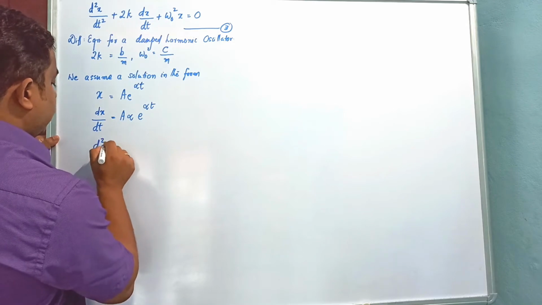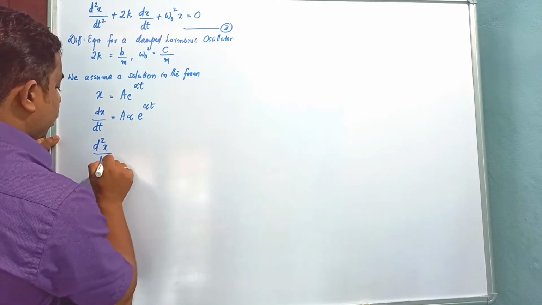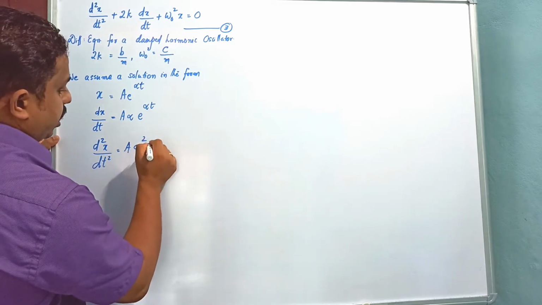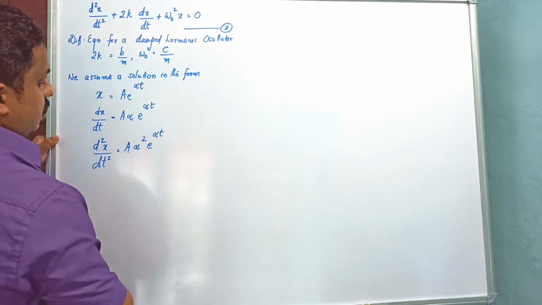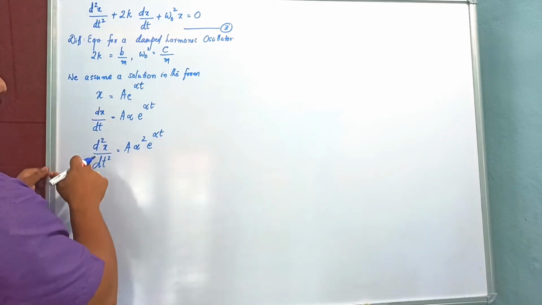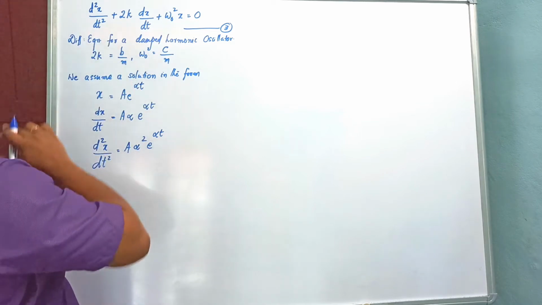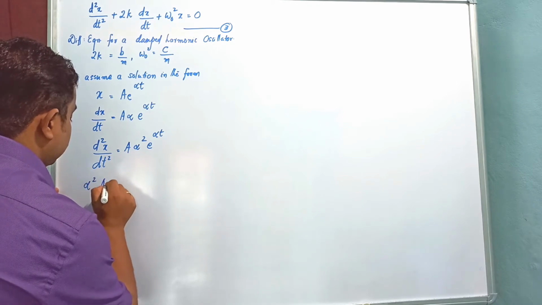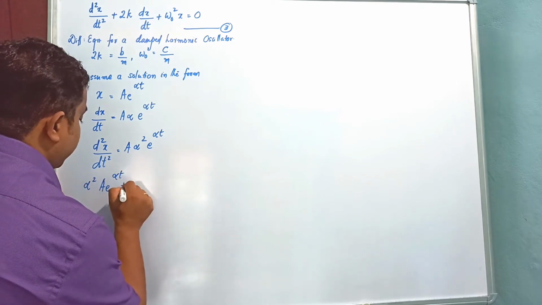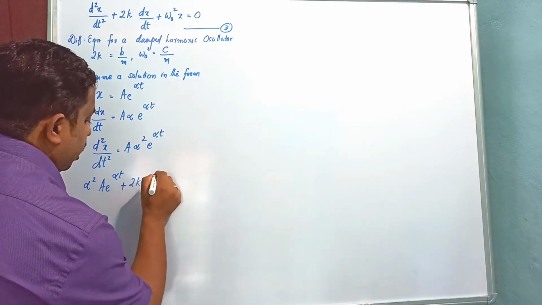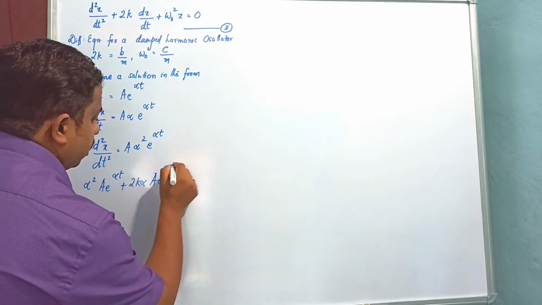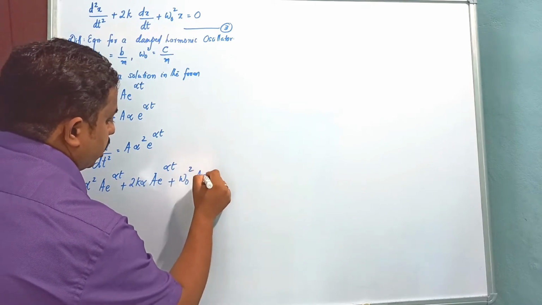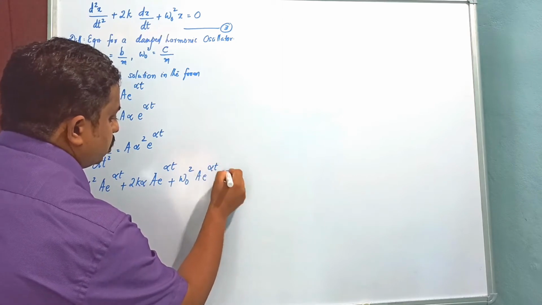Then d square x by dt square is equal to, again alpha will come out, alpha square a e raised to alpha t. So substituting these three terms in equation 3, we get alpha square a e raised to alpha t plus 2k alpha a e raised to alpha t plus omega 0 square a e raised to alpha t equal to 0.